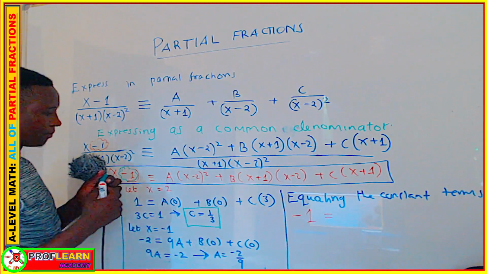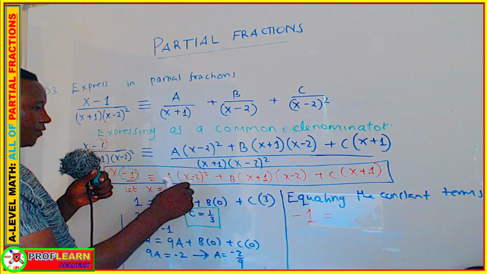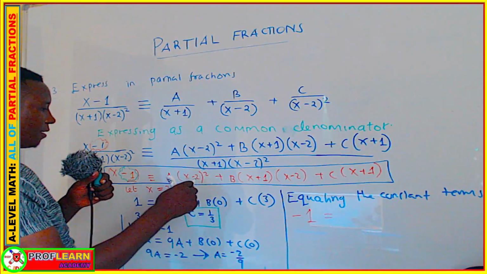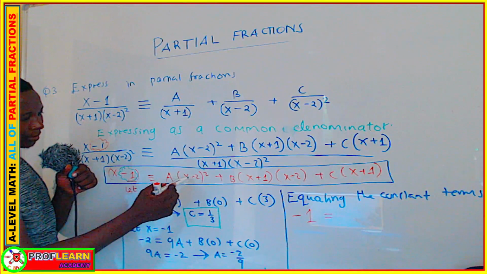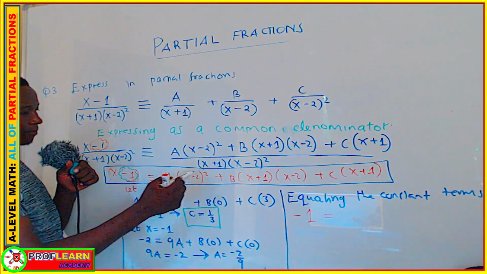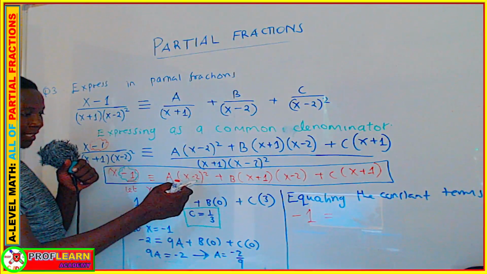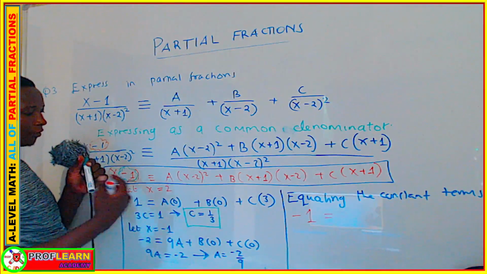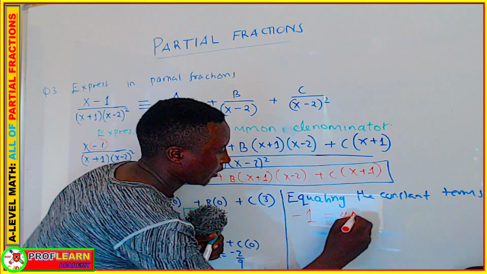The constant term in this case, because if you square x minus 2 squared, is going to be positive 4 as the last term. So positive 4 times this constant a, we are going to have 4a.